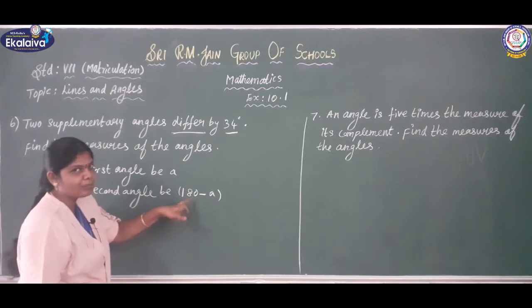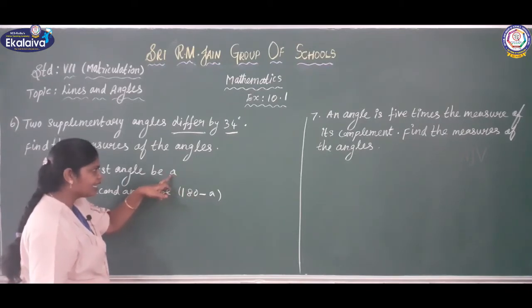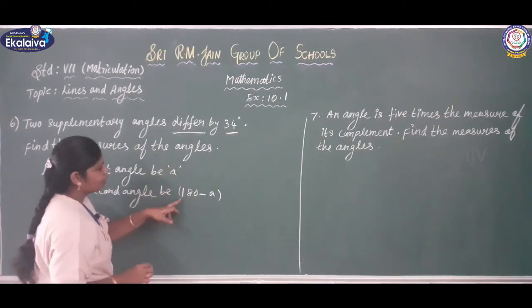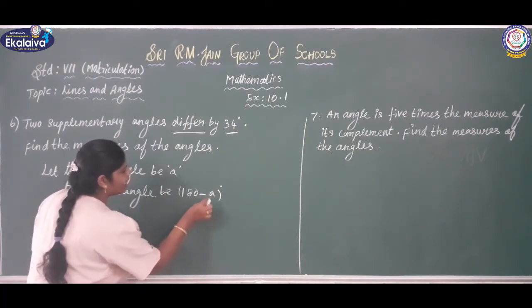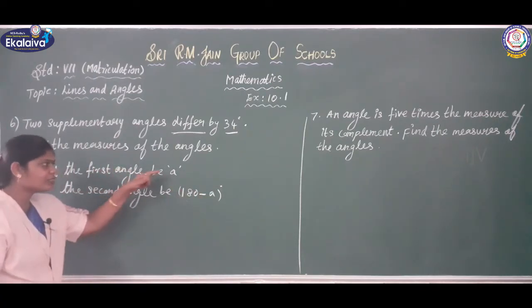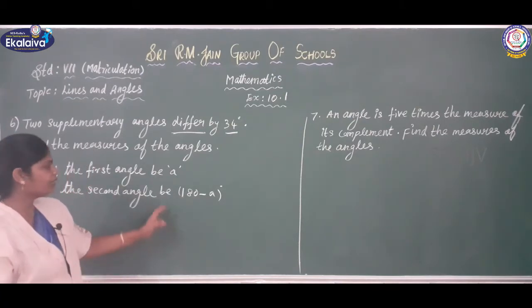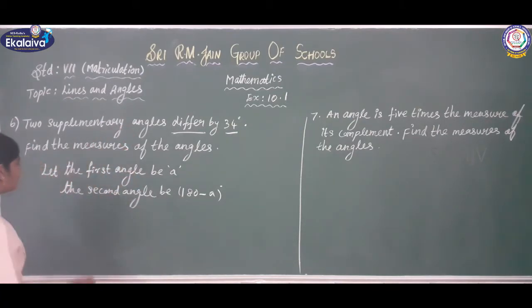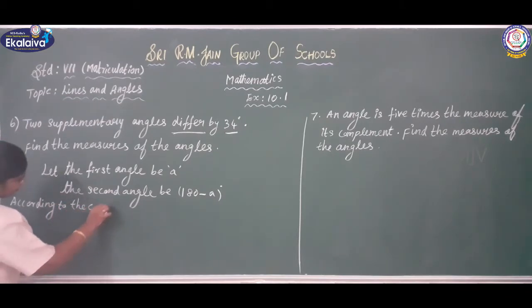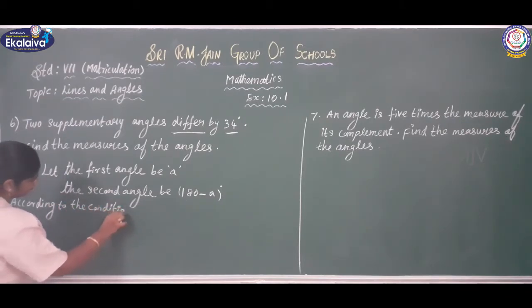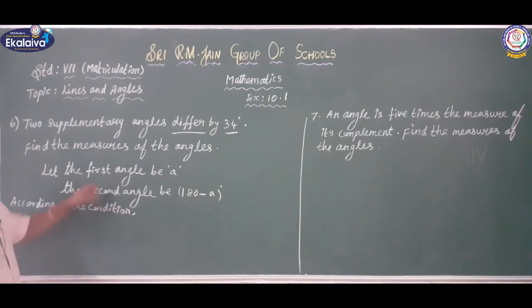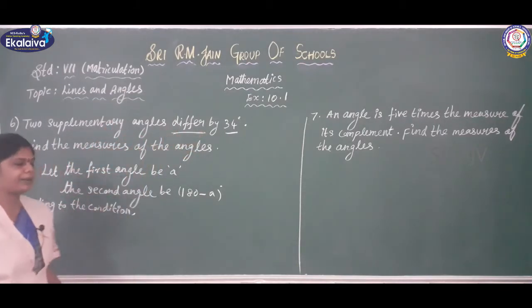You will subtract from 180. So, the first angle is A. The second angle is 180 minus A. Because when we add these two angles, we will get 180 degree. Okay. So, now what condition is given? According to the condition, the difference is 34 degree.